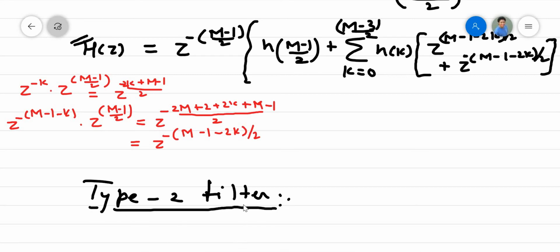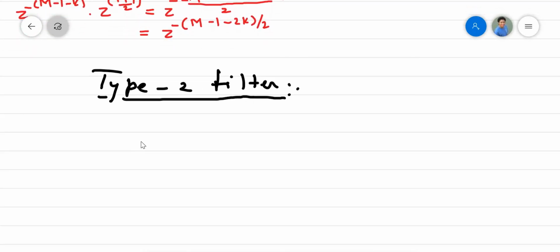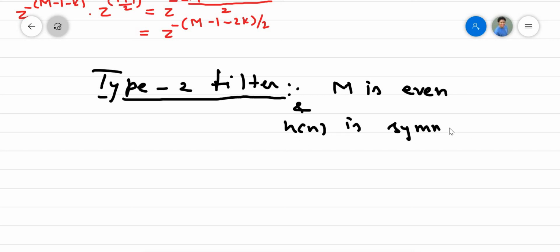For the case of type 2 filter, M is even and h(n) is a symmetric sequence.